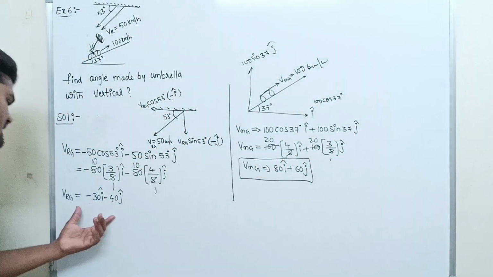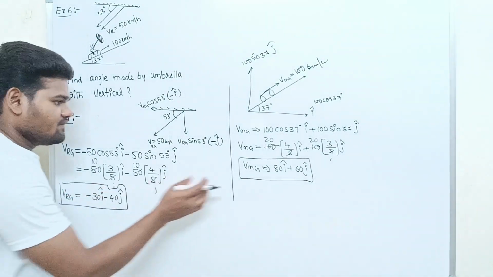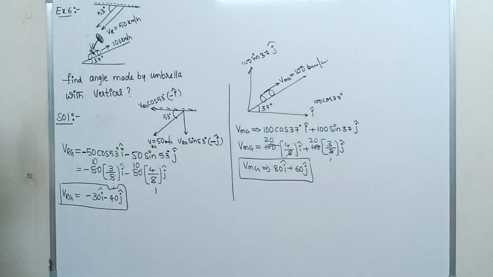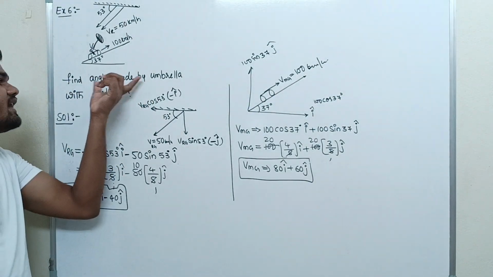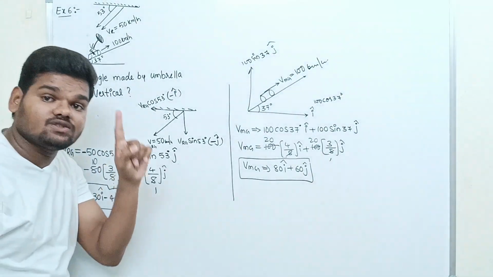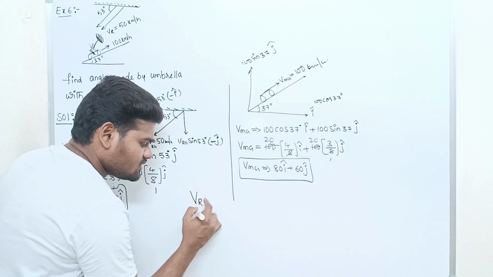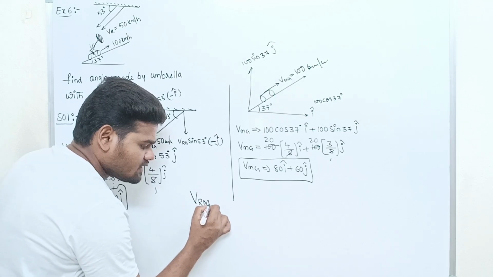So this is the velocity of rain with respect to ground, and this is the velocity of man with respect to ground. What we have to find is the angle made by the umbrella with the vertical. To find that, I am going to find the velocity of rain with respect to man.